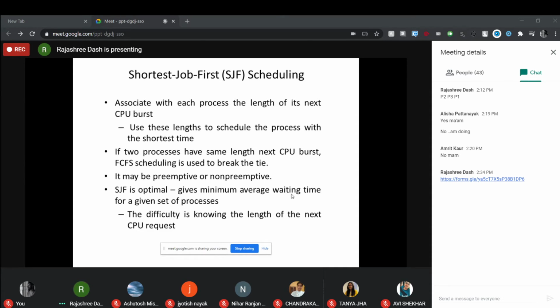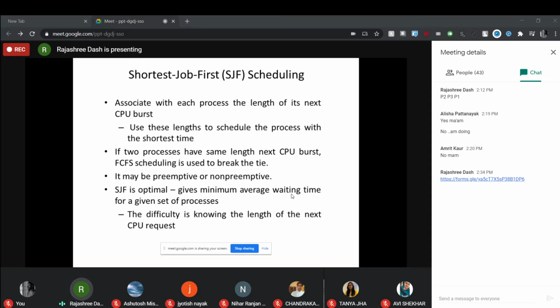This value of the CPU burst is used to schedule the process with the shortest time. If two processes have the same length of next CPU burst, then first come first serve scheduling is used to break the tie.